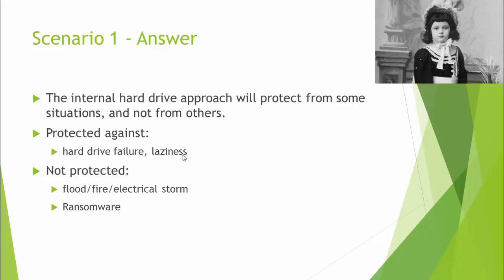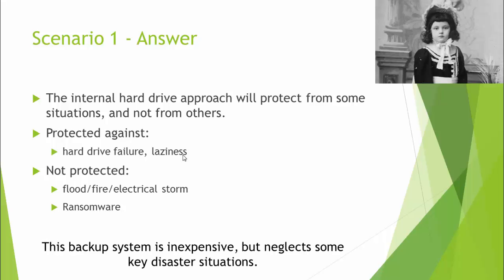Because they'll get access to the computer, they get access to both hard drives at the same time. So, there are some significant downsides to this backup system. It's cheap, it's automated, but it neglects certain key disaster situations. And so we might not want this to be our sole system for backing up those photos. Or that 92-year-old photo of Aunt Bessie might just get lost.